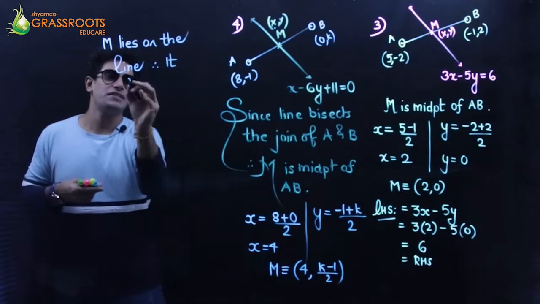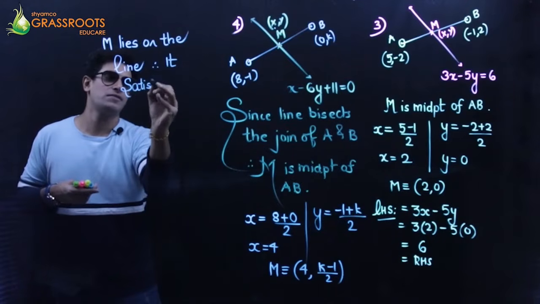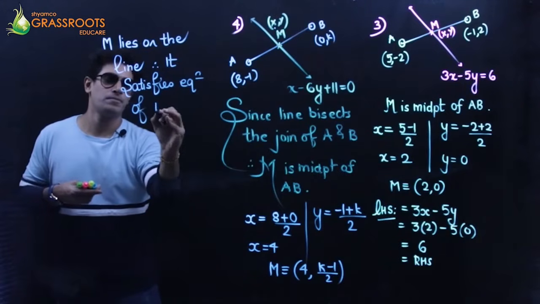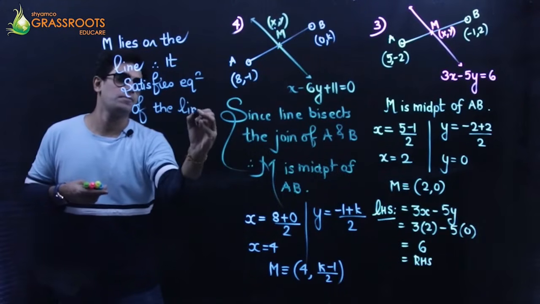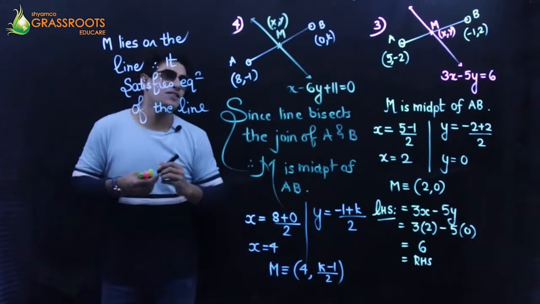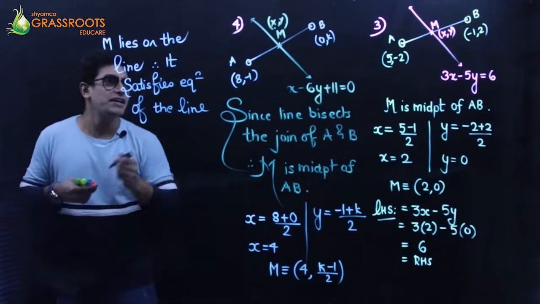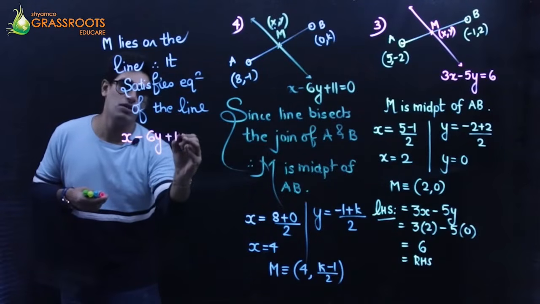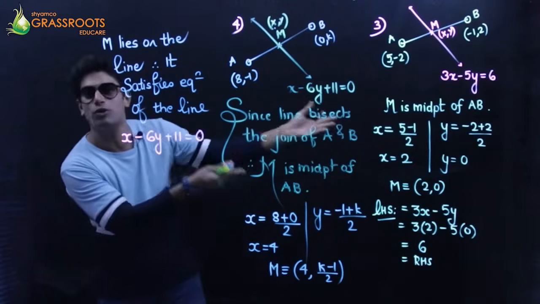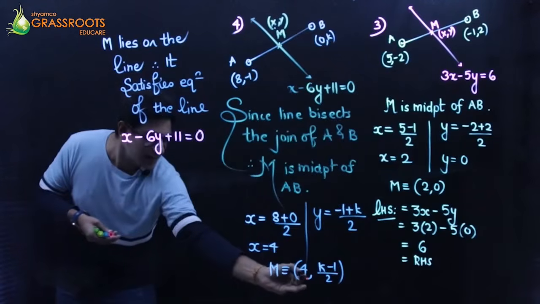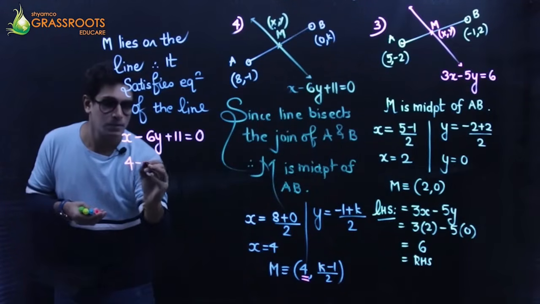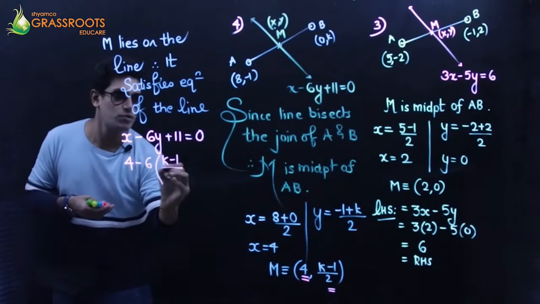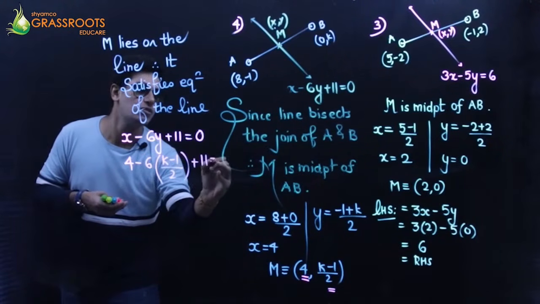Therefore, it satisfies the equation of the line. So you just substitute. x minus 6y plus 11 is equal to 0. LHS is equal to RHS. Substitute x as 4 minus 6 times, put y as this value, k minus 1 upon 2, plus 11 is equal to 0.